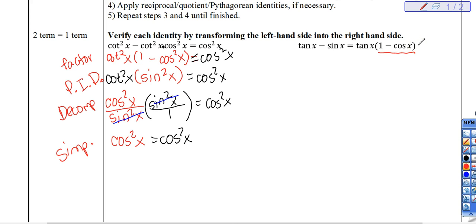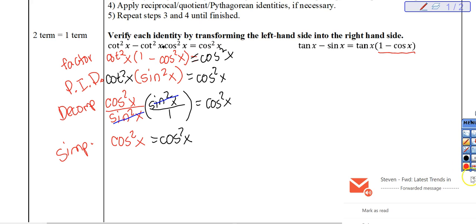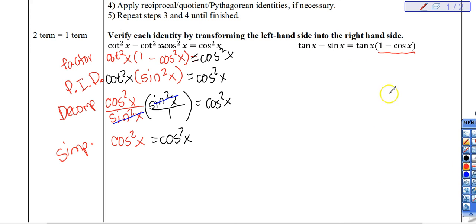To me, that looks like the factored form of something, don't you think? So I'm probably going to have to factor at some point in my process. And if I can't factor in step 1, I have to factor in step 3. So that's an indication I need to factor.